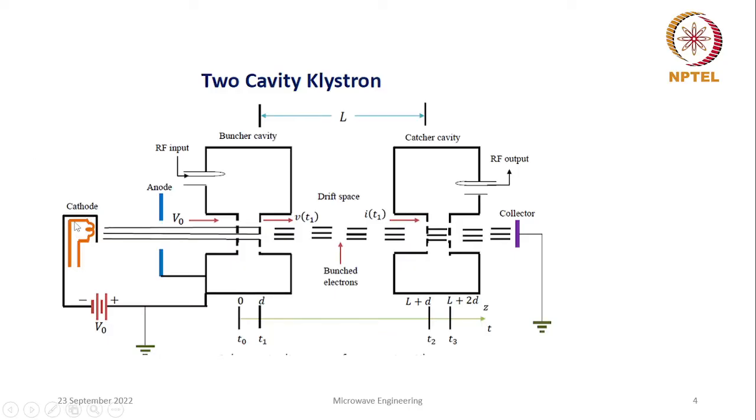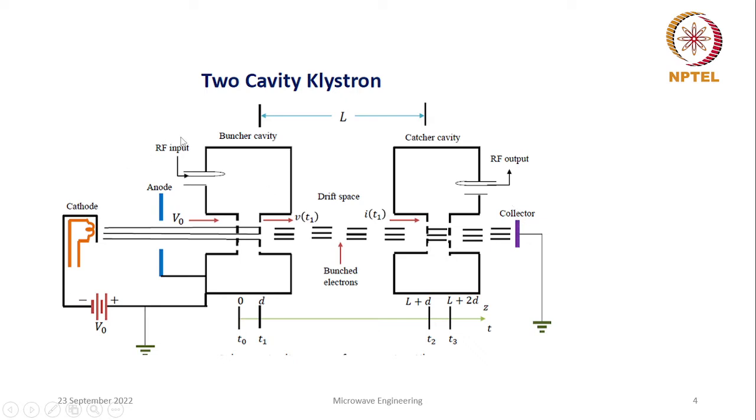This is the cathode from which the electrons are emitted, and this is an accelerating anode, and then comes the first cavity, the buncher cavity, and the second is the catcher cavity, and this is the drift space between the cavities. And this is the collector electrode.